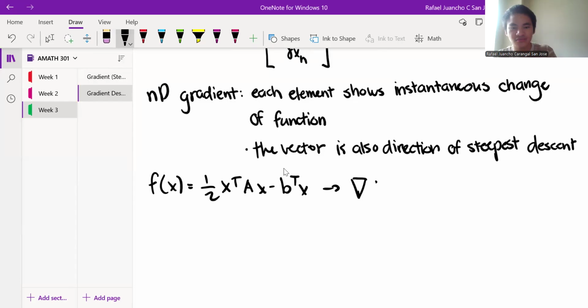Well, the gradient of that particular function is just 1/2 A transpose x plus 1/2 Ax minus b, right?